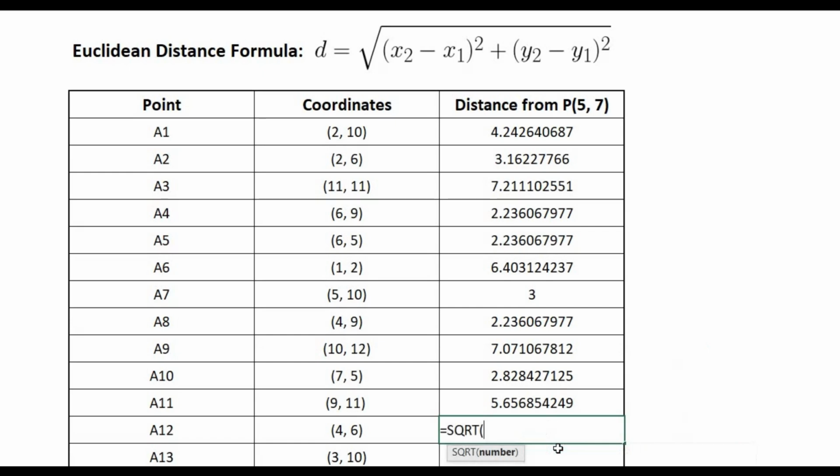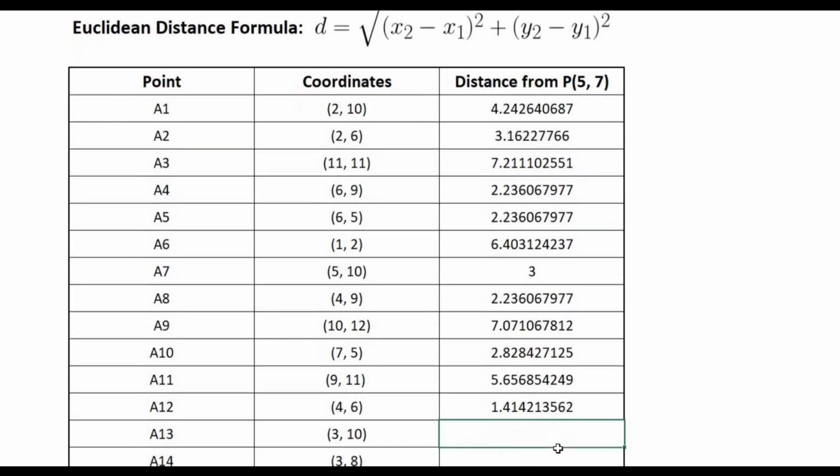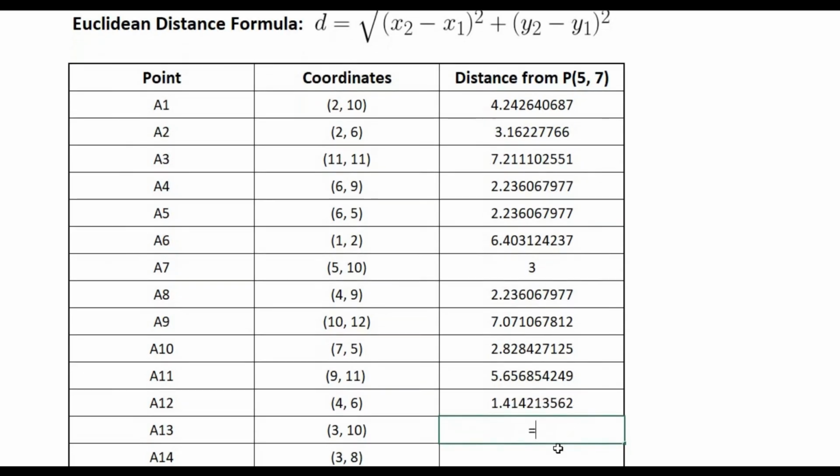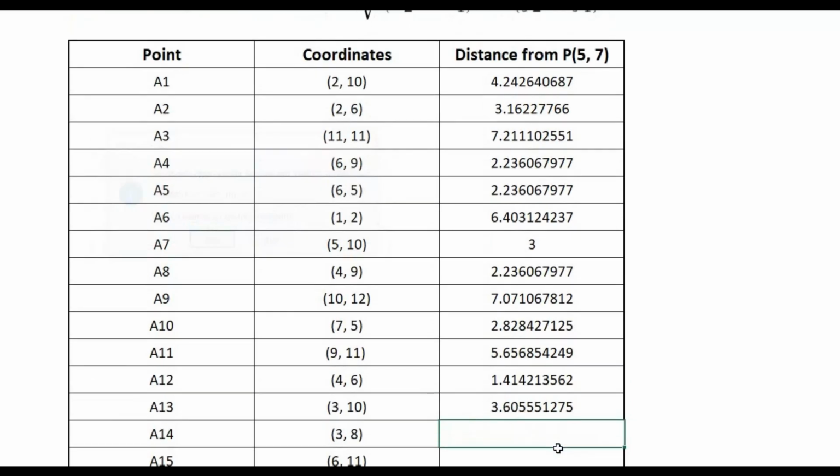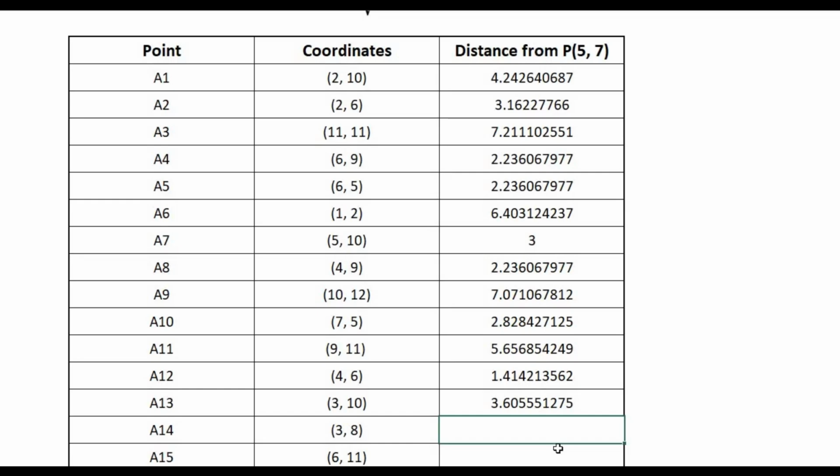Square root, 5 minus 4 whole square plus 7 minus 6 whole square, bracket close, 1.41. 5 minus 3 whole square plus 7 minus 10 whole square, 3.60.